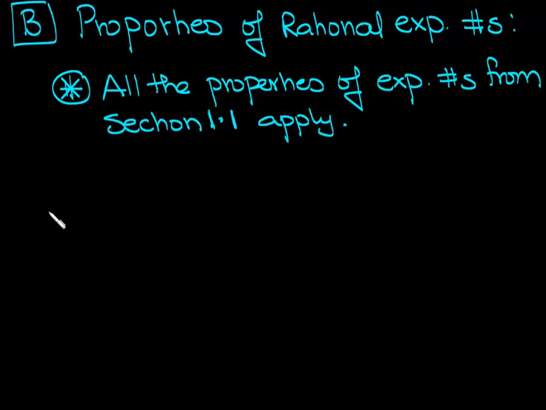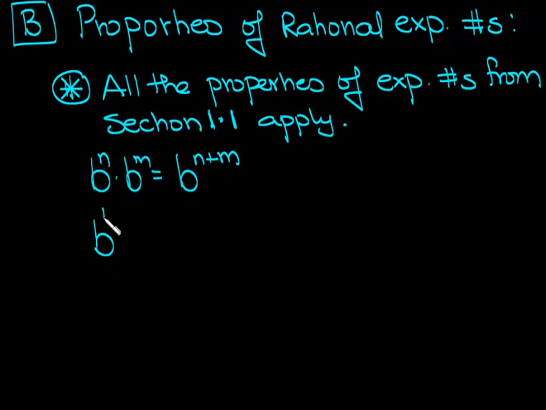That means, let me just quickly refresh your memory. We don't have to worry about the first property, because if the exponent is 0, it's no longer a rational exponent per se. It's not a fraction, so we don't need to worry about it. We just get 1. And all the other properties, like we had b to the n times b to the m was b to the n plus m, if you recall.